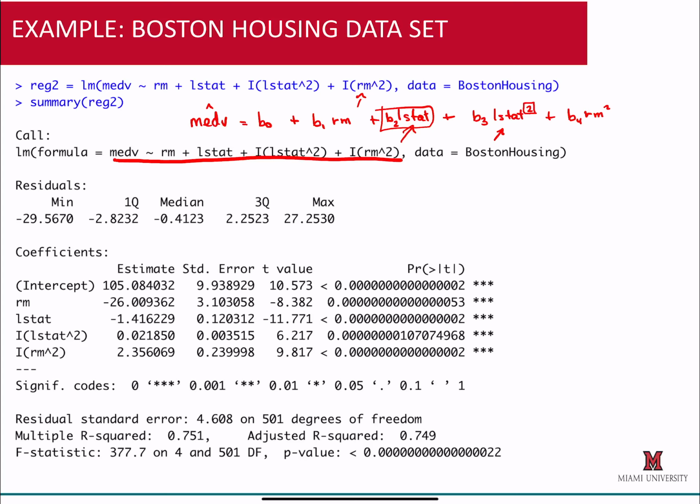It's good practice to include both. In this case, for this data set, both quadratic trends are significant. One thing that I will note is if the squared variable is significant, then we would include the original variables even if their p-values are not significant, just as with interactions.